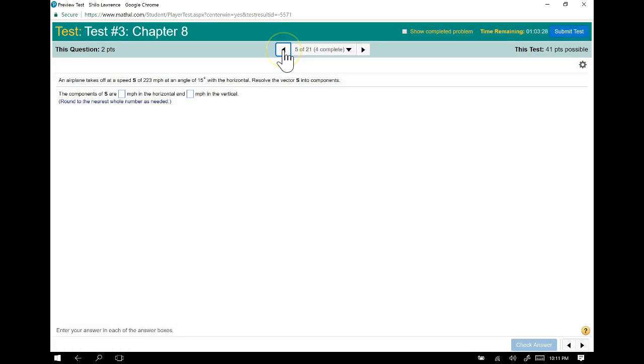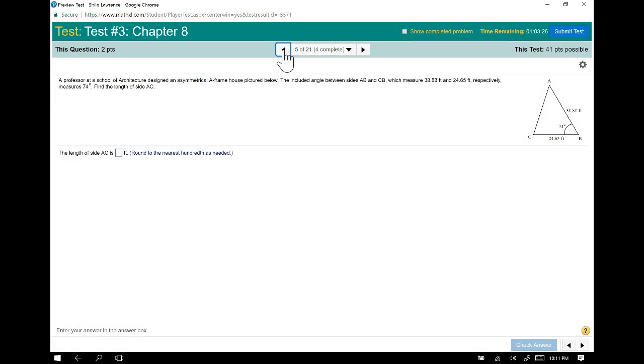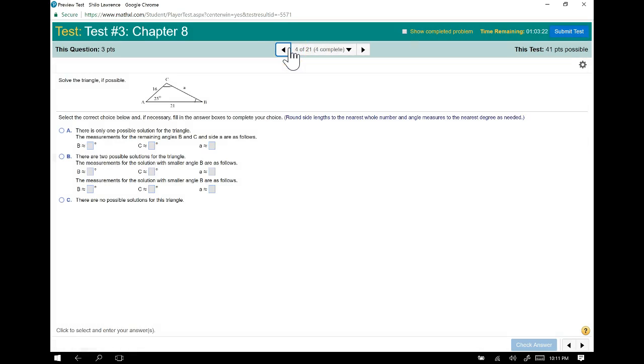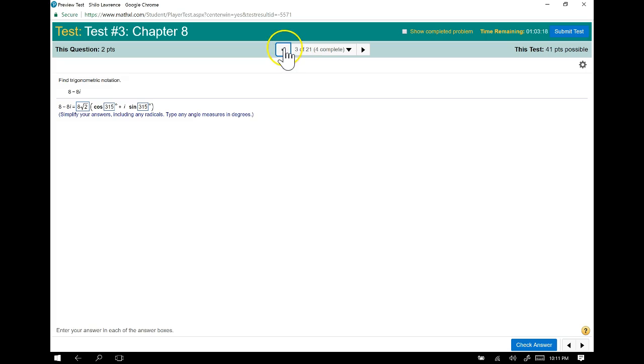That one's just components. That one's just solving one piece of a triangle. Solve a triangle. Trig form. Rectangular to polar. Trigonometric form. Nope, absolutely not.